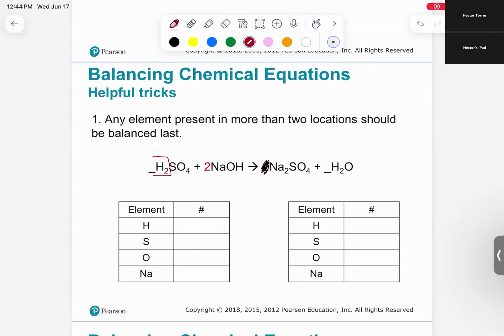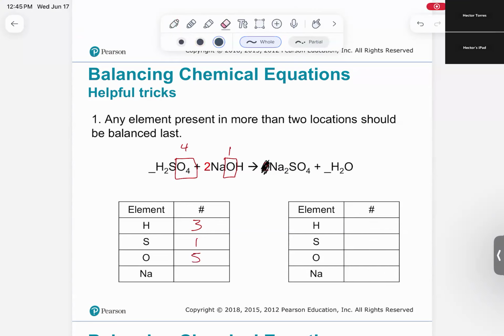On the reactant side, I have hydrogen, hydrogen, so I have 3. Now let's look at the sulfurs. I have 1 here, so just 1. Oxygen, I have this one and this one, so over here I have 4 and over here I have 1, so in total I have 5.